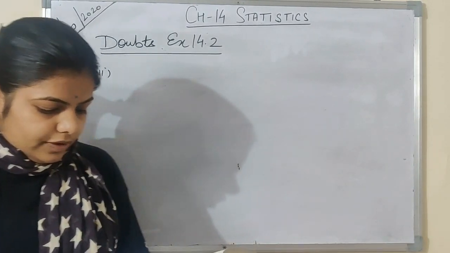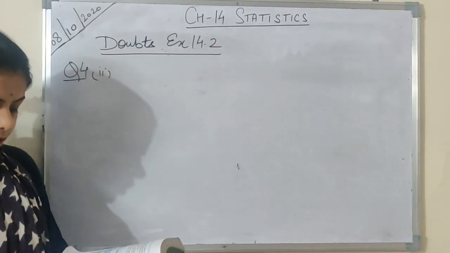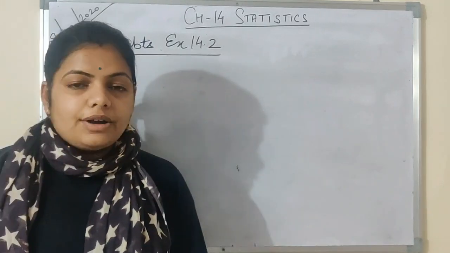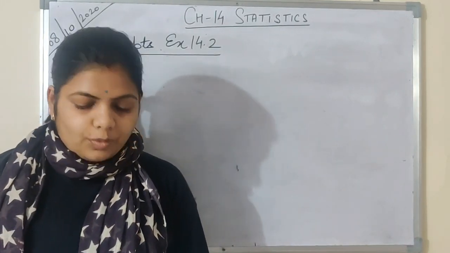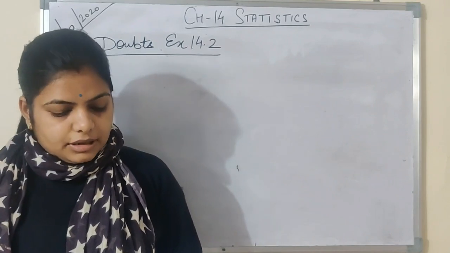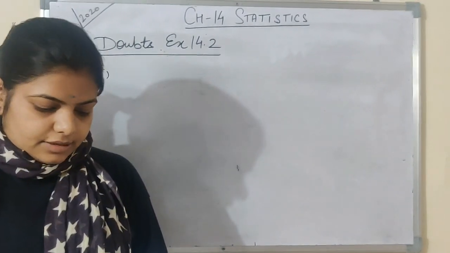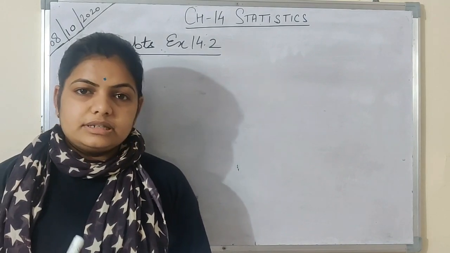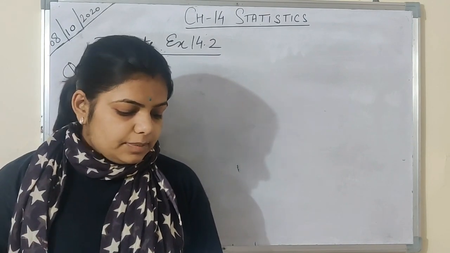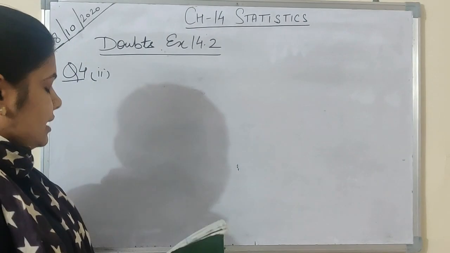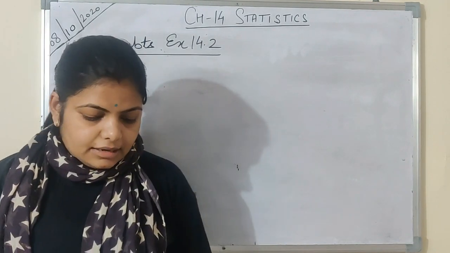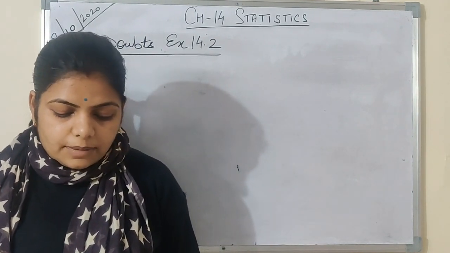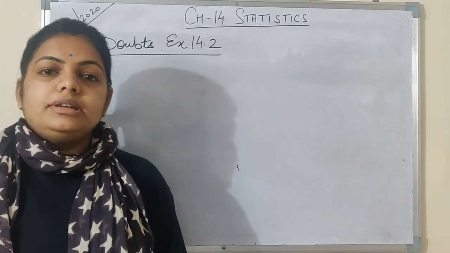Now here you will observe that some information is given to you and you have to make a grouped frequency distribution table, and I hope you all have made this. As intervals are also given, you have to make the table according to these intervals. Now the second part asks what you can conclude about their heights from the table.